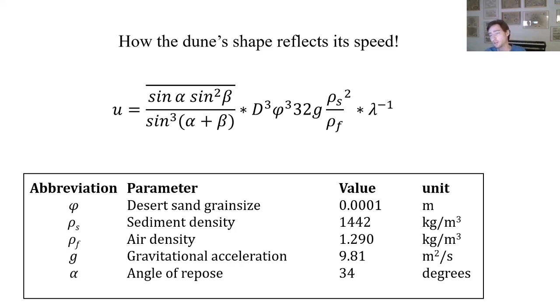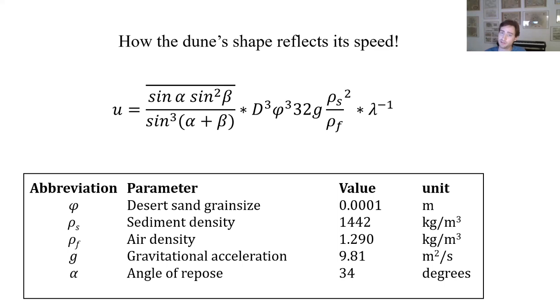In terms of the other things, the grain size, the gravitational acceleration, the density of the sediment, the density of the air, all these things are really constant throughout the Earth. So these values that we're going to use are simply characteristic values that we keep constant across all our estimates, right?